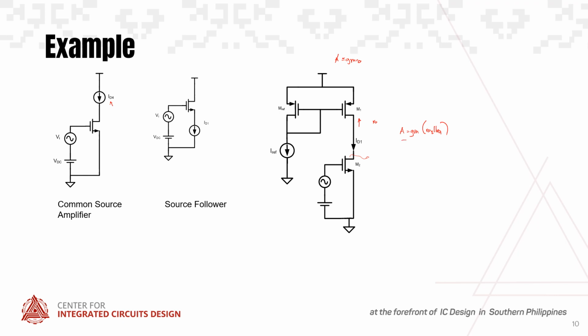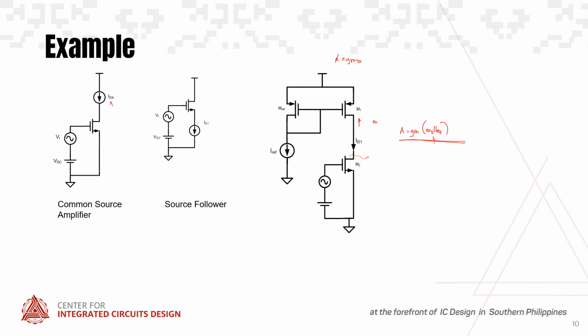This is derived by small signal analysis, but you can go back and solve this yourself. This RO2 and RO1 implies that our gain could get lesser.